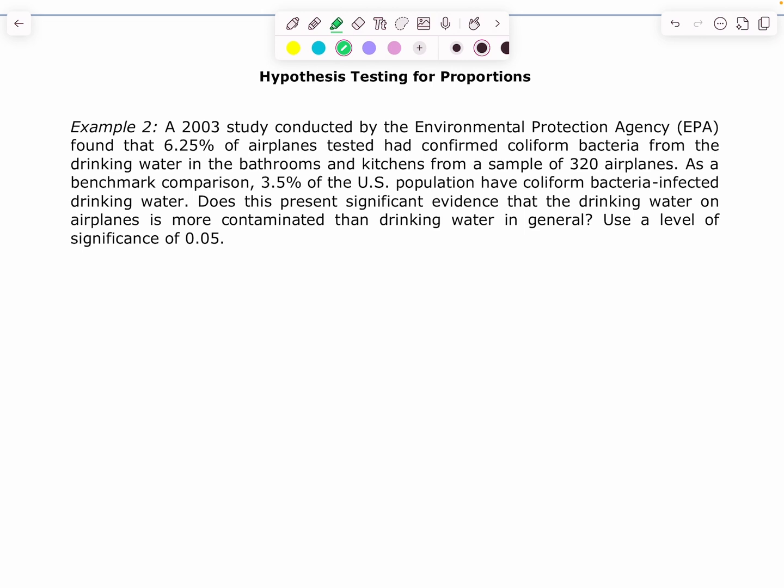So they found that 6.25% of the airplanes tested confirmed the bacteria, and this was from a sample of 320 airplanes. As a benchmark comparison, 3.5% of the US population has contaminated drinking water.